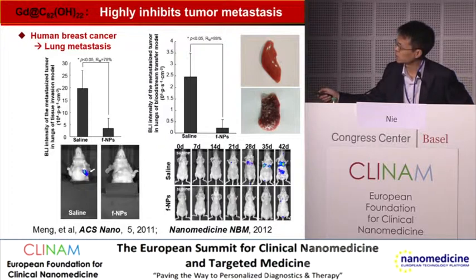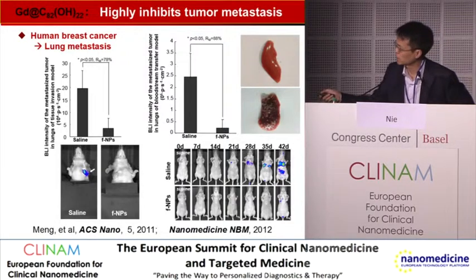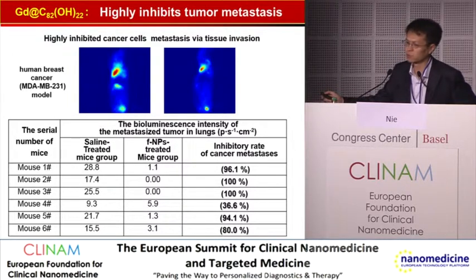This also shows the size and the weight of the lung, and we also followed this process by looking at the fluorescence emitted by the tumor cells. Together they show that in different models we see strong inhibition of tumor cell metastasis, and basically blocked tissue invasion.